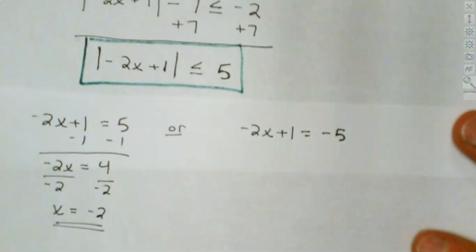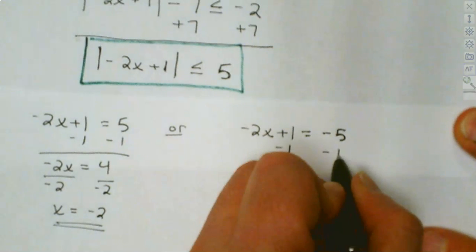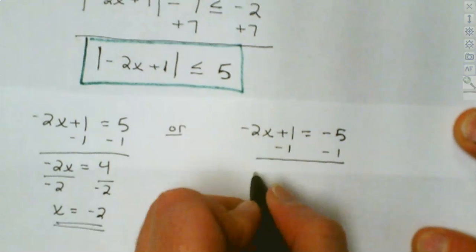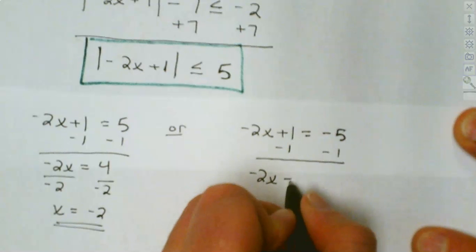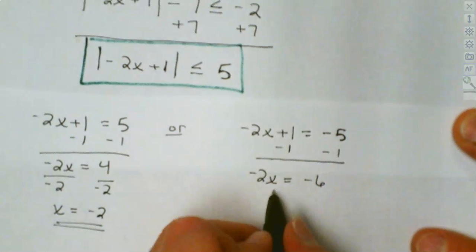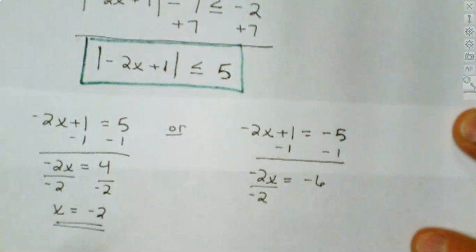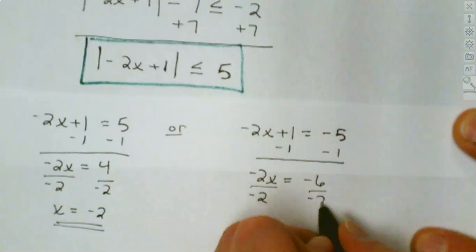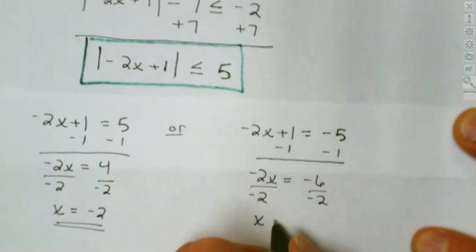Same process over here. Move that 1 over. And that makes it a -2x equals now a -6. We divide by our -2. Negative and negative makes it a +3, doesn't it?